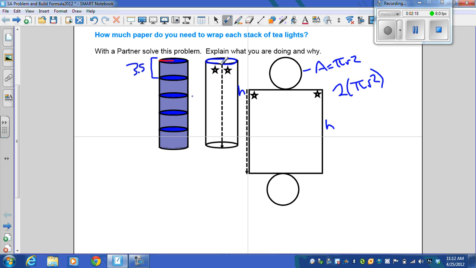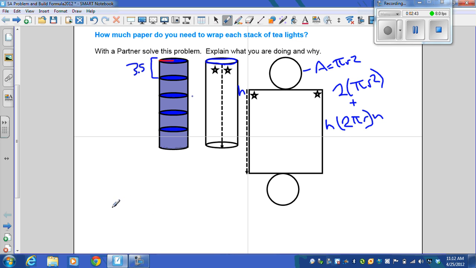If we remember, the distance around any circle is called the circumference, and we can calculate the circumference by doing 2 pi r. So it becomes 2 pi r times the height. If we put these two together, we end up with the formula for the surface area of a cylinder.